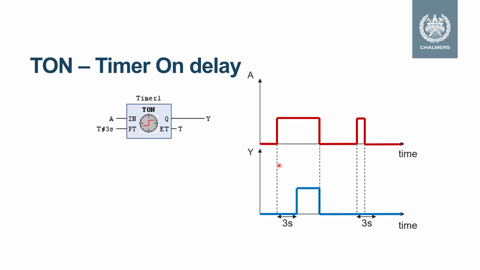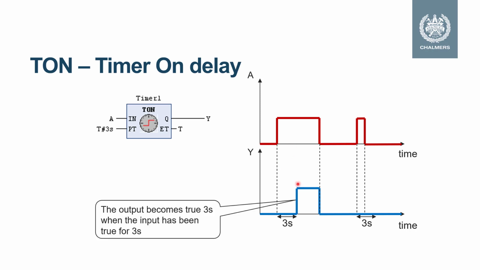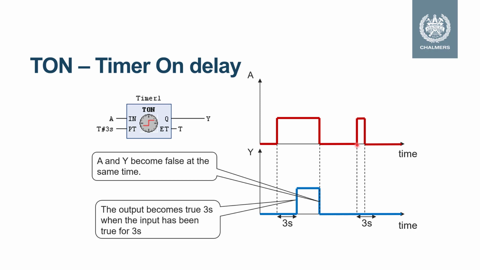When A has been true for 3 seconds, the output Y becomes true. But it has to be true all the time for those 3 seconds. Then, when A becomes false again, Y becomes false at the same time. This means that this short pulse, that's shorter than 3 seconds, doesn't give any response in Y, because A has not been true for the entire time, 3 seconds here. This time the pulse is too short.